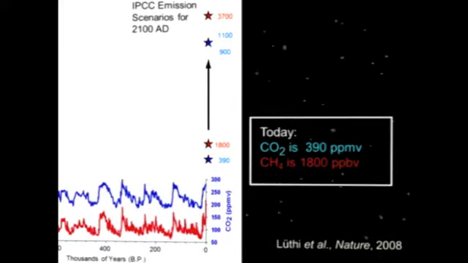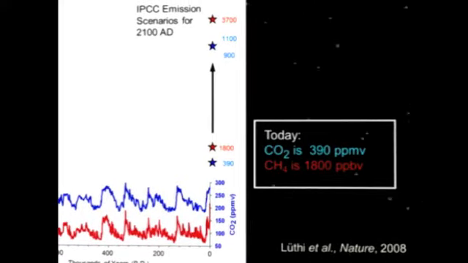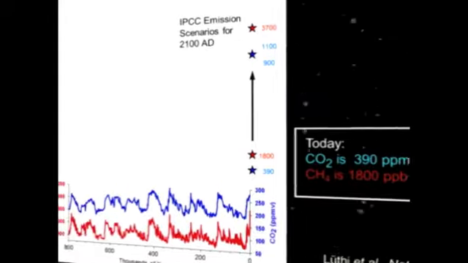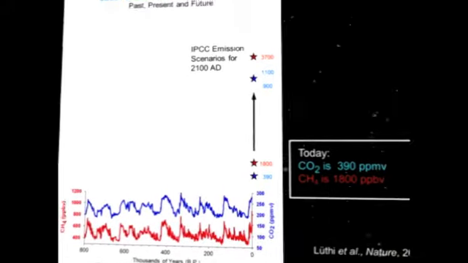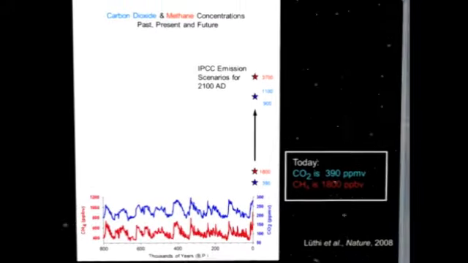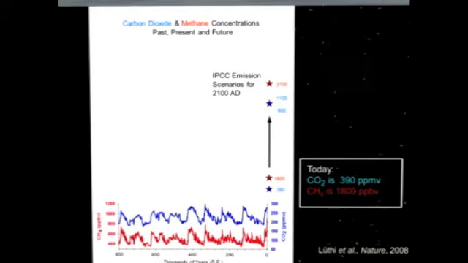That shows you what the concentrations of carbon dioxide in blue and methane are today. So what you can see is that those concentrations of those 2 important greenhouse gases are higher than they've been in the last almost 1 million years. And then if you just follow the arrow up, you can see how high those concentrations are predicted to be at the end of the current century. So that's 91 years from now.